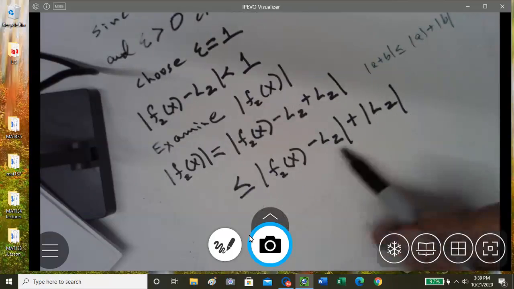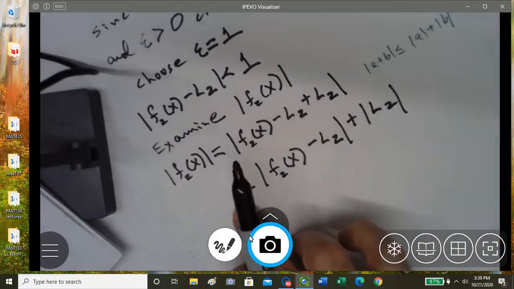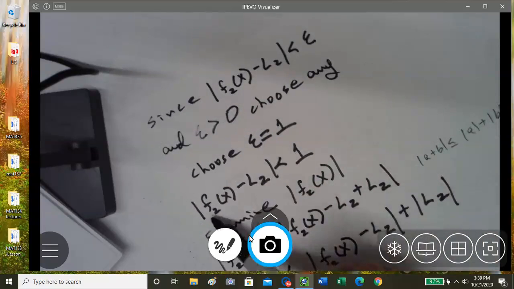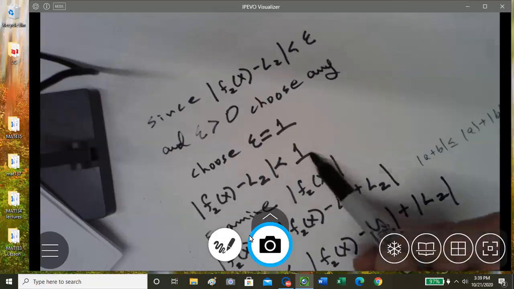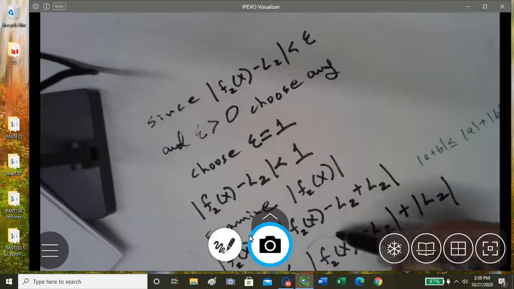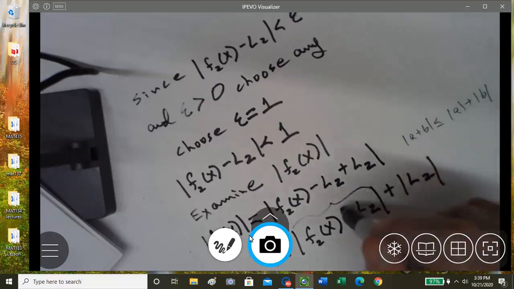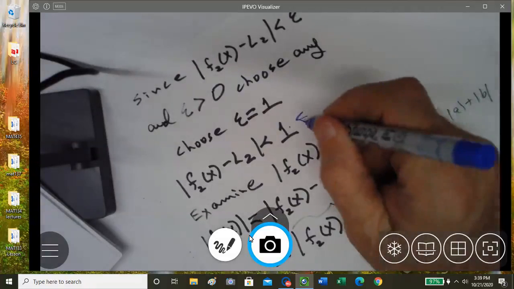We're taking these two sums and splitting them. Since we said that the absolute value of f2(x) minus L2 is less than 1, we can substitute this 1 in here.